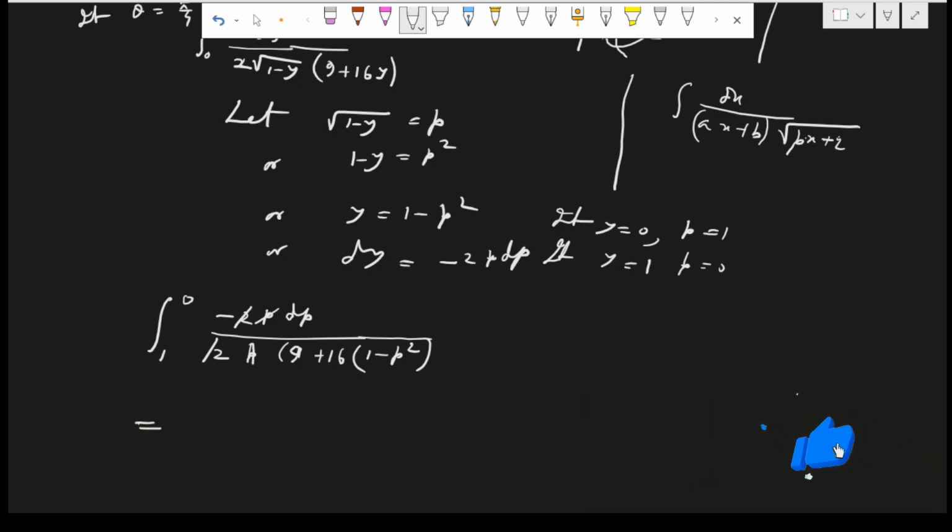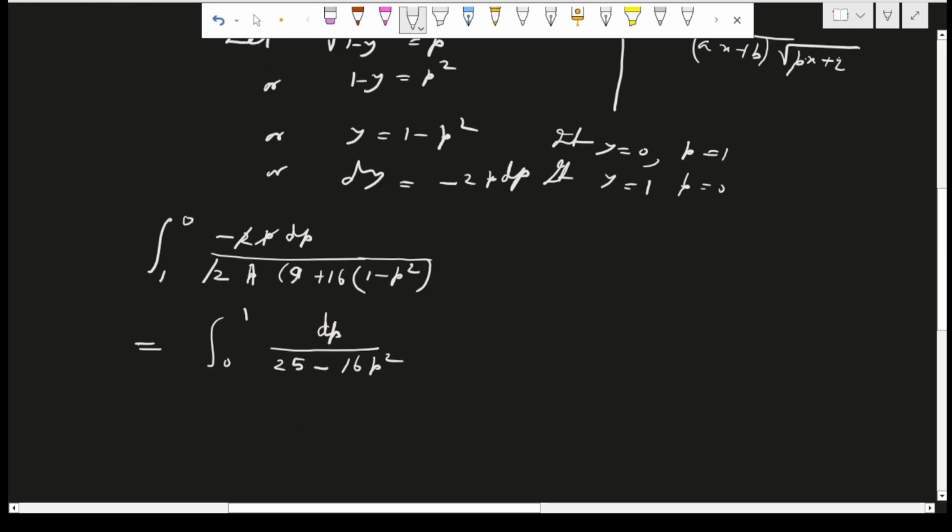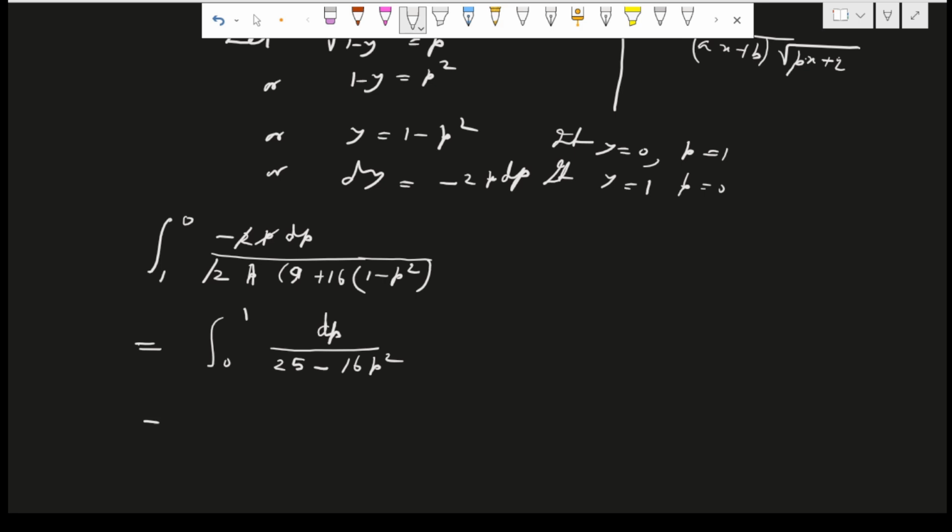So that is equal to the integral from 0 to 1 of dp divided by, after opening the bracket, 9 plus 16, that is 25, minus 16 p square. This is equal to 25 minus (4p) whole square, we may write.